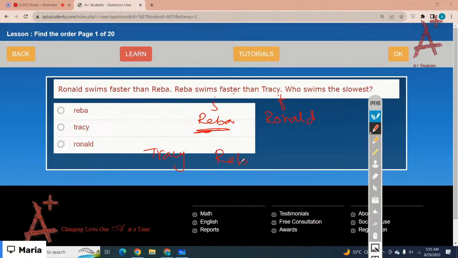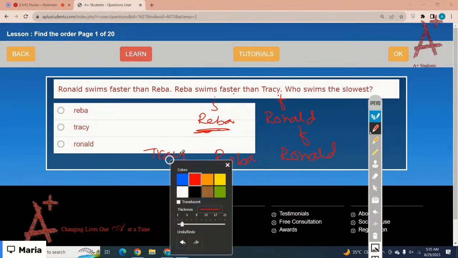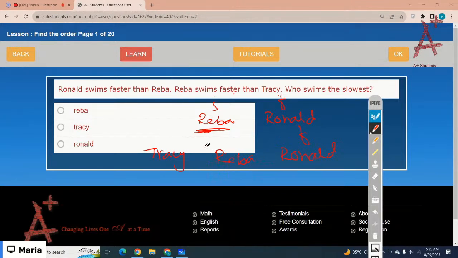Then you have Reba and then you have Ronald. So who swims the slowest? Ronald is the fastest and Tracy is the slowest, right? The correct option is Tracy.